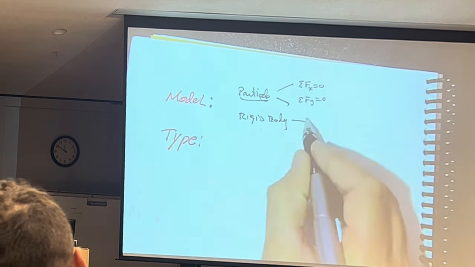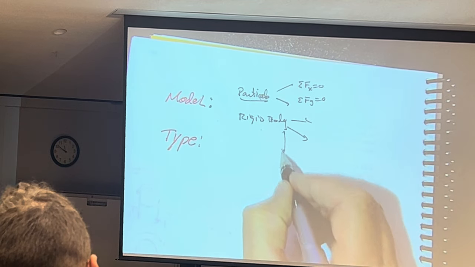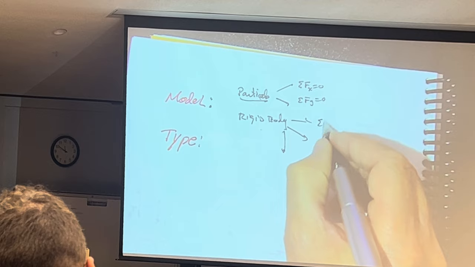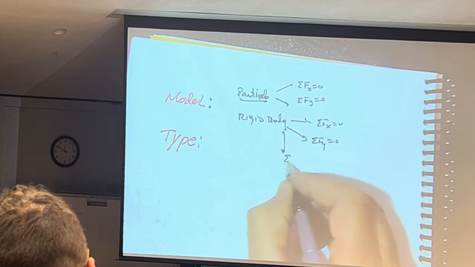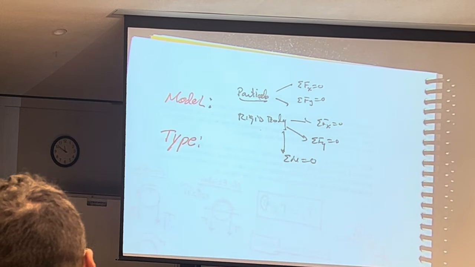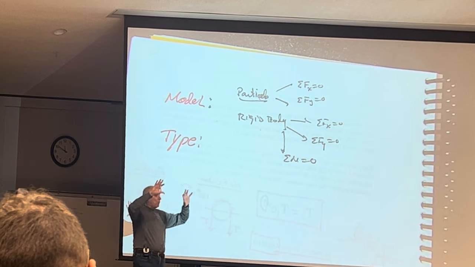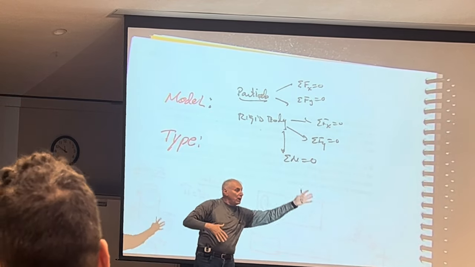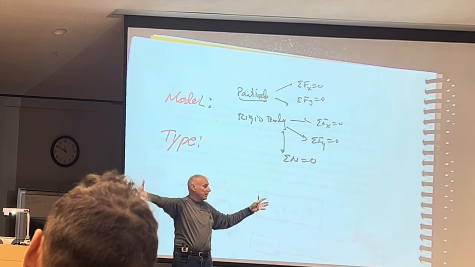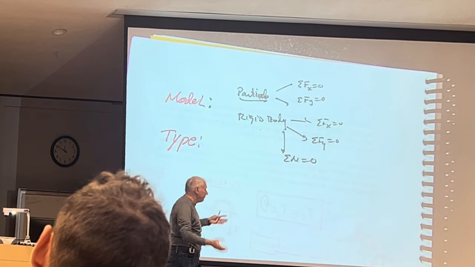If I have a rigid body, then I'm going to write some forces in the x, some forces in the y, and some moments equals 0. So right away, that model, when I write particle or rigid body, it's already establishing in my head 2 equations or 3 equations of equilibrium. That's what it's doing for me.